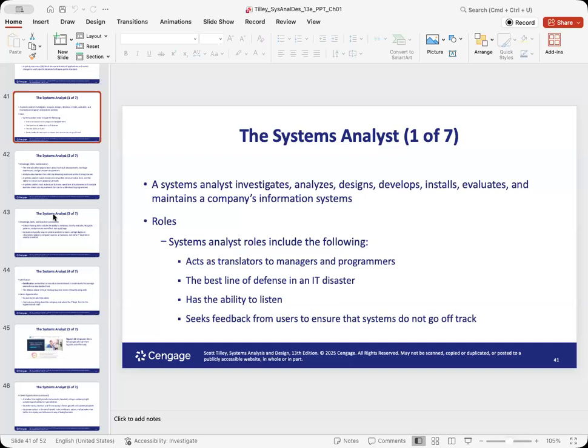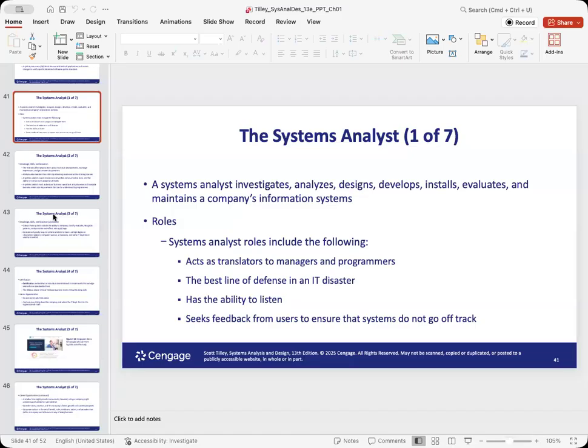You understand? So, as a systems analyst, your role involves acting as a translator, and then also you are the company's best line of defense. If there is an attack on the system, it is the systems analyst that they employ to investigate how the attack came to the system.